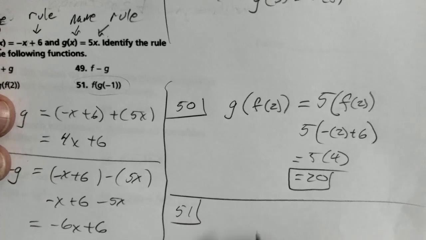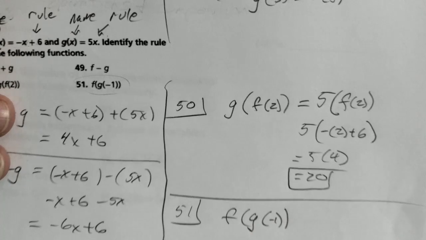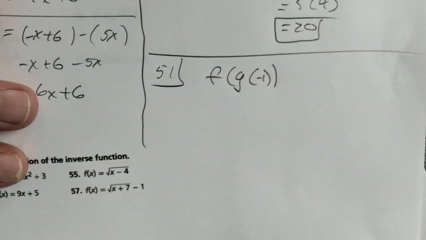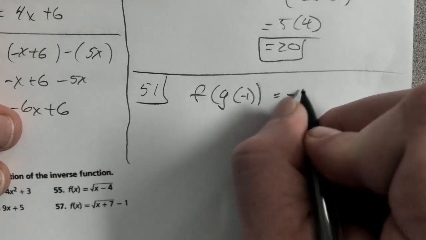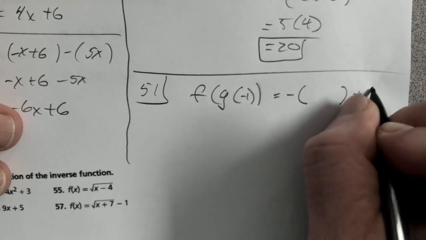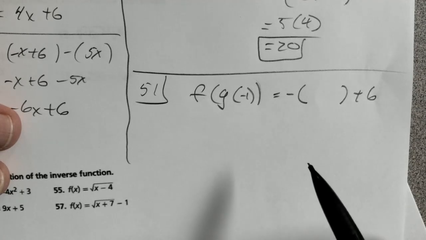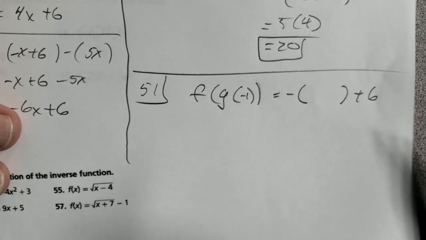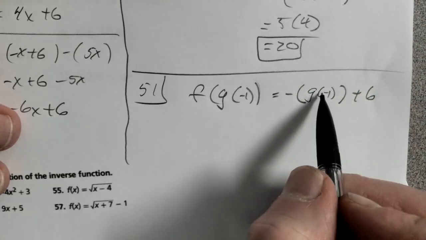Problem 51, we're looking at f of g of negative 1. So our outer function here is the f function, so what we're looking at is negative x plus 6. What's going in for x this time? That g of negative 1 is going in to replace x.